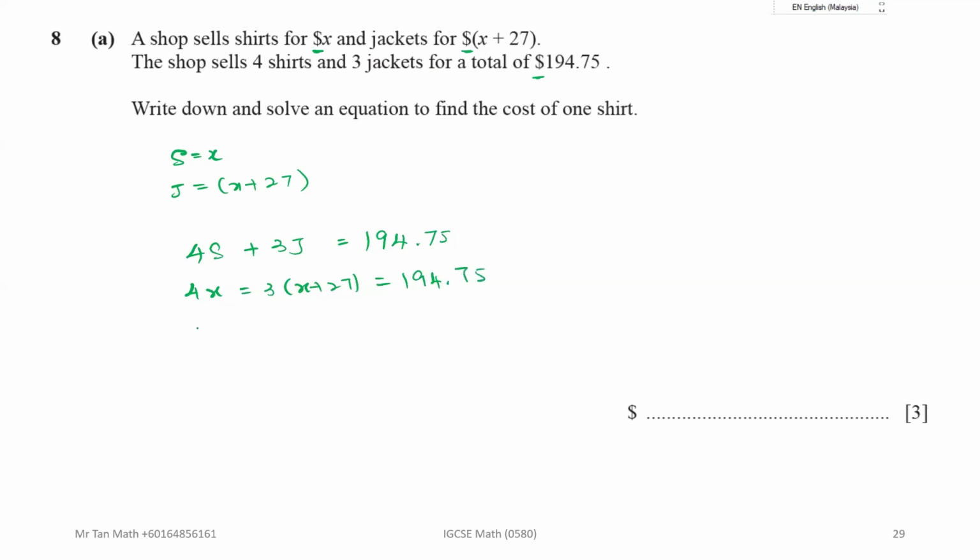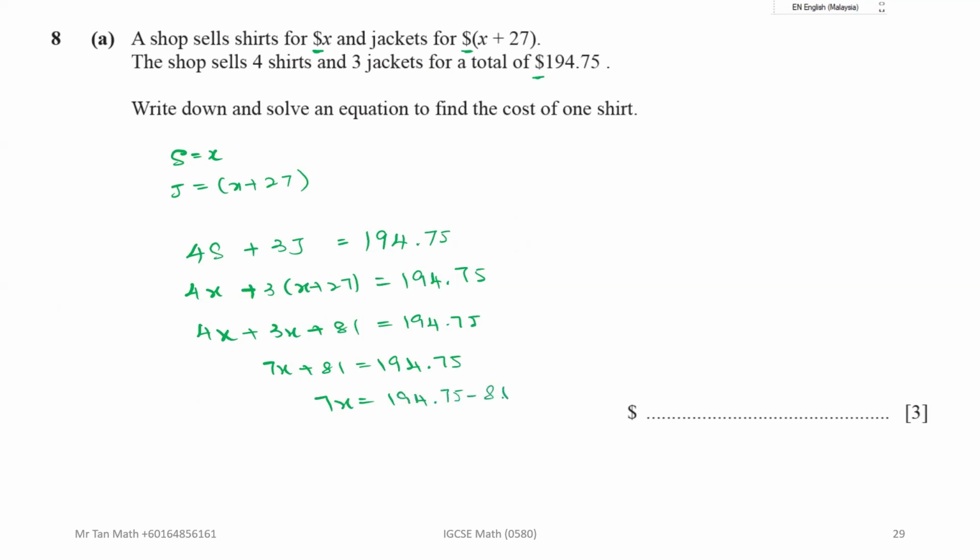So expand: 4x plus 3x plus 3 times 27 is 81. We have 7x plus 81 equal to 194.75.